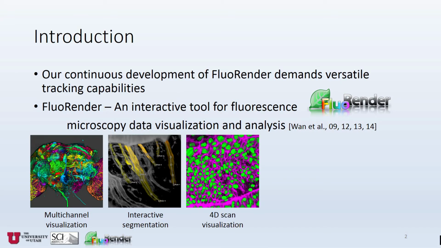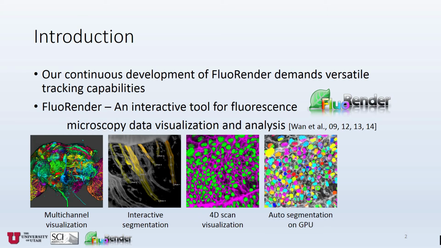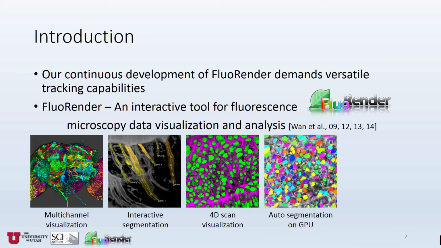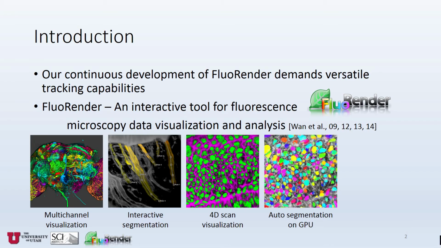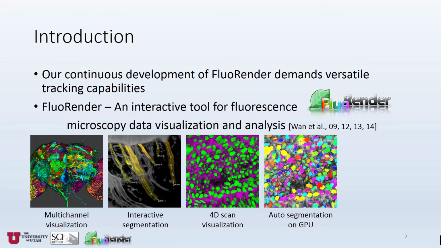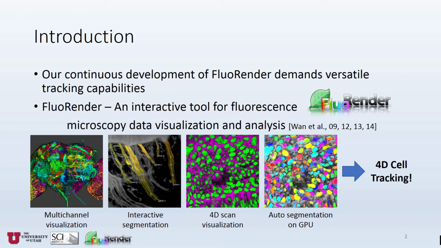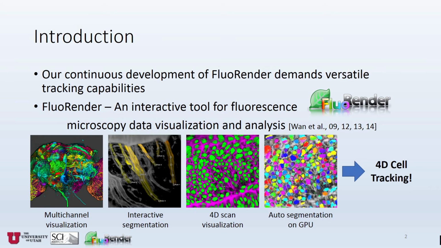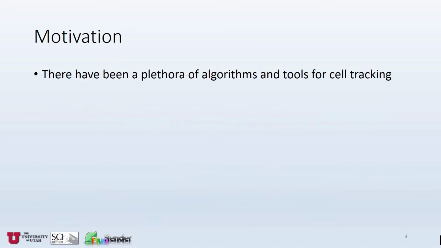The 4D visualization features allow viewing time-dependent scans at interactive speed. We can also automatically segment structures, such as cells, from a 4D dataset. All these features are implemented taking advantage of the processing power of GPUs. It is only natural to bring all these functions together for an intuitive and versatile cell tracking system.